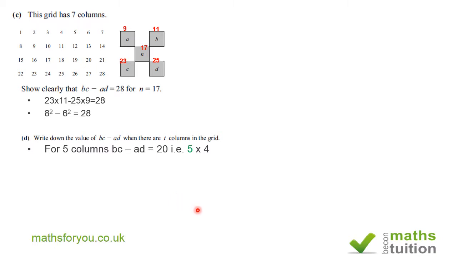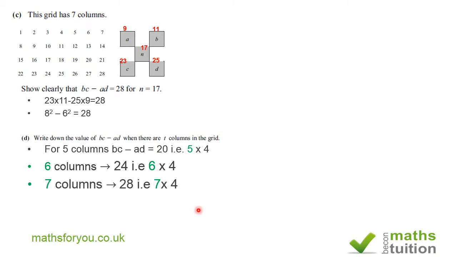Similarly, for 6 columns, BC minus AD is 24 because 6 times 4 is 24. For 7 columns, BC minus AD is 28, and 7 times 4 is 28. So for T columns, the difference between BC and AD is going to be 4 times T. And that's what is required.